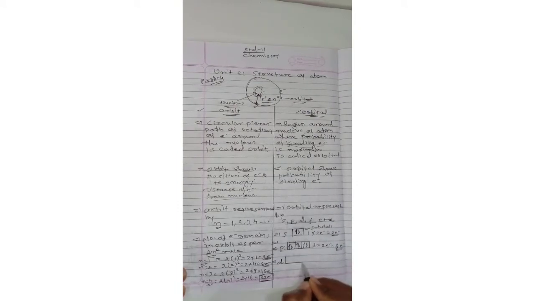For d there are 5 subcells, multiplied by 2 electrons, that is equal to 10 electrons.